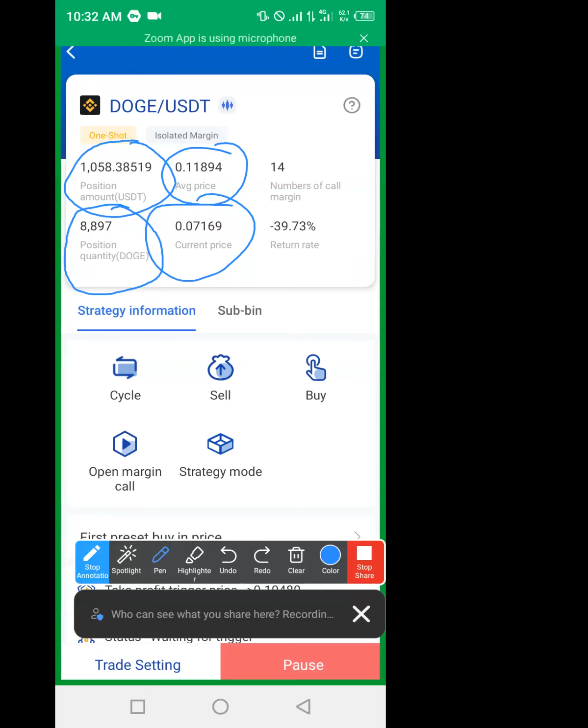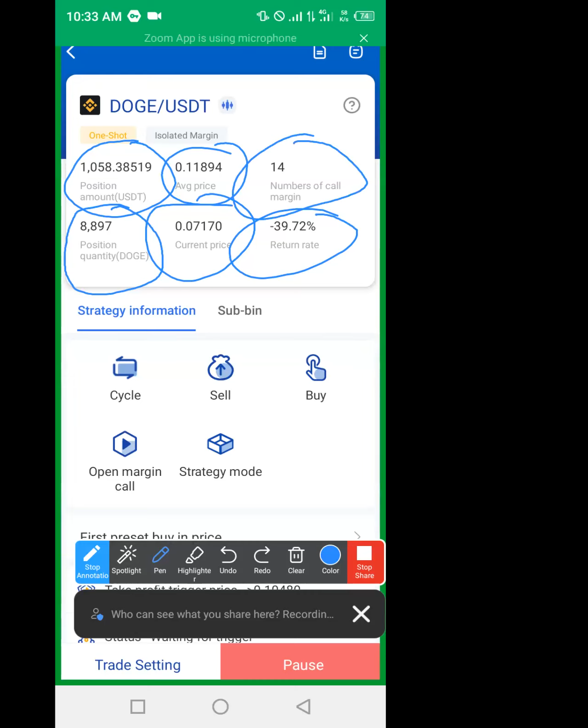That's why we are having a return rate of negative 39.72. It means this coin, from the price we bought it at, has gone down by 39%. It has gone against us by 39.7%.